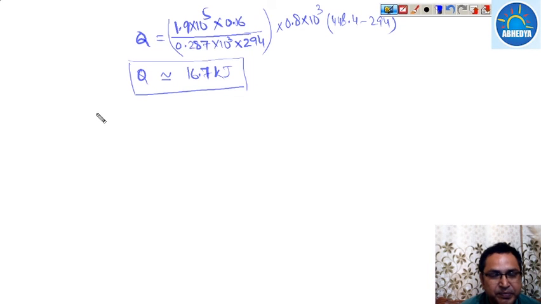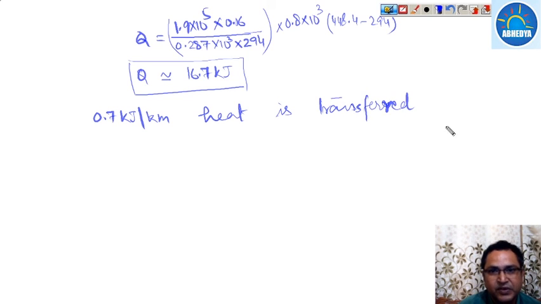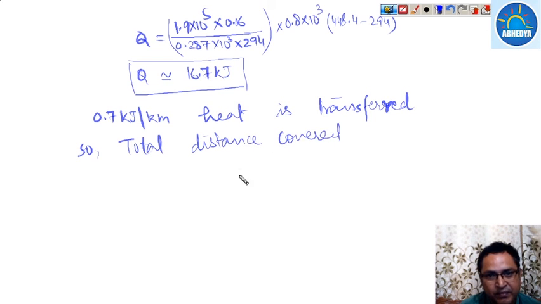So the total distance covered, D, will be 16.7 divided by 0.7, so you will get approximately 23.8 kilometer.